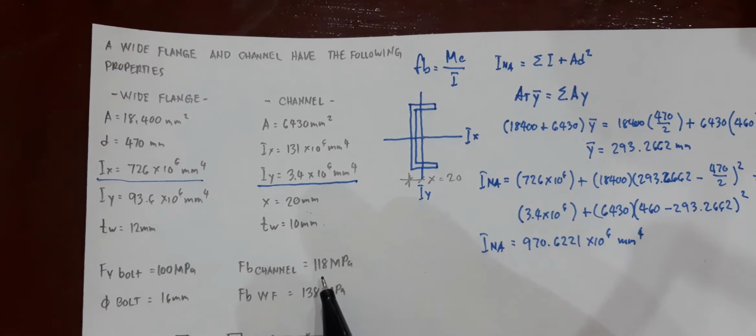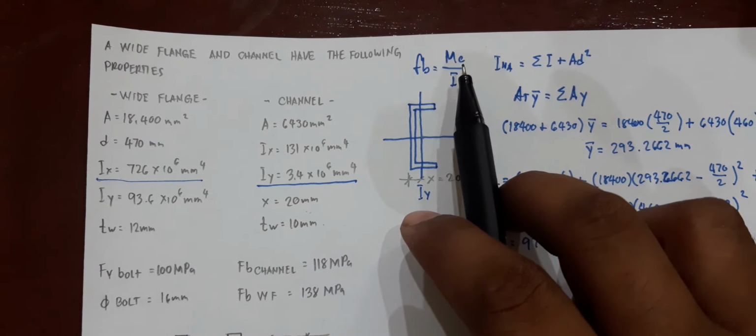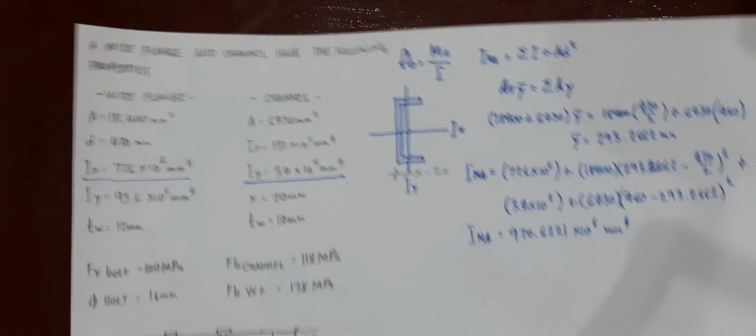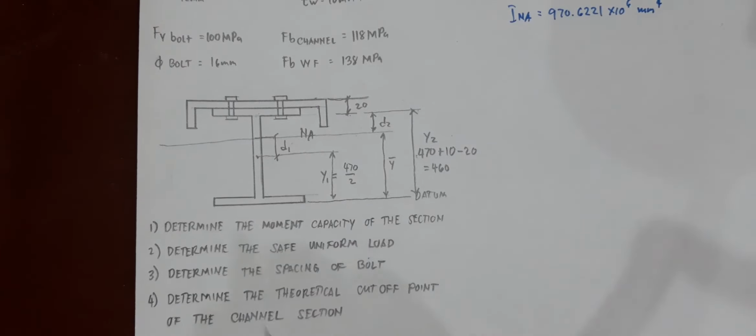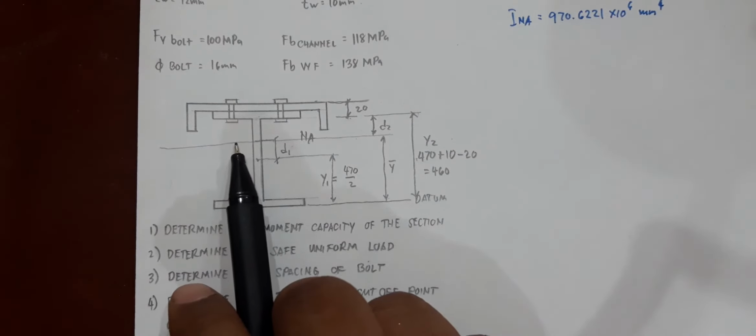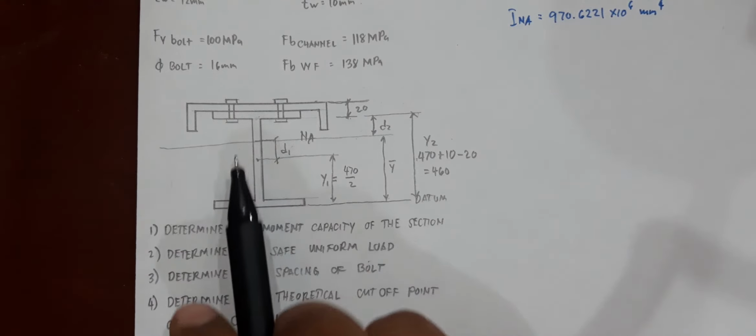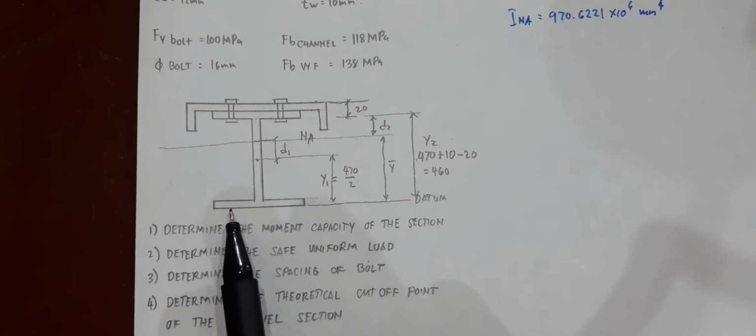Another is your C. You would have a higher amount of stress if your C is at a higher value. If you go back to your section, C can be measured with respect to the neutral axis. It can be this one or it can be this one.